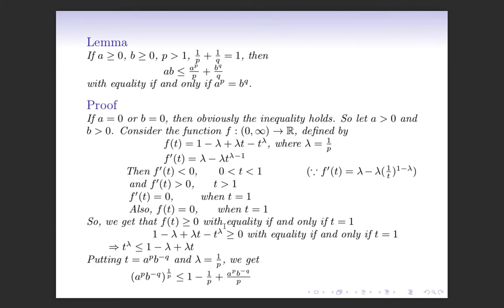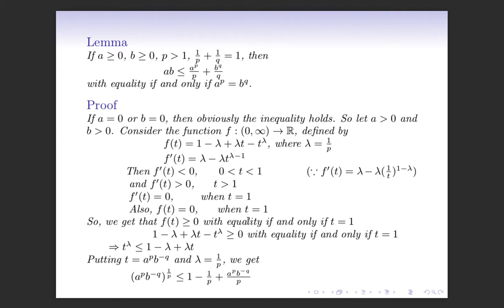We also note that when t = 1, f(t) is also 0, because we have 1 - λ + λ - 1. So we observe that the function first decreases, then approaches 0, and then its value is positive.